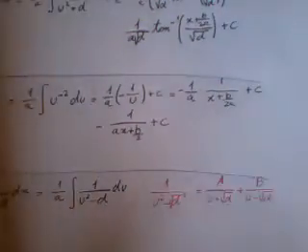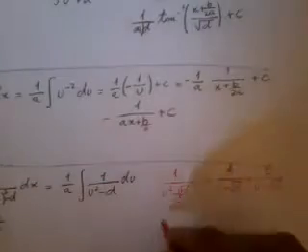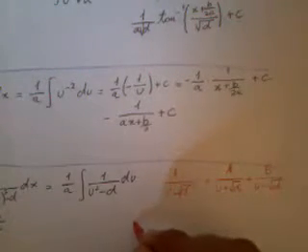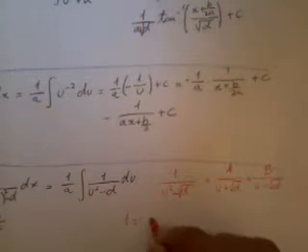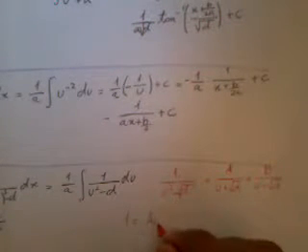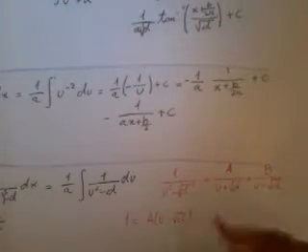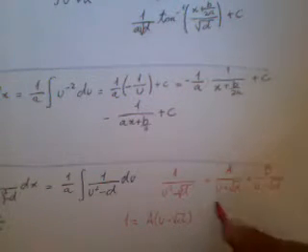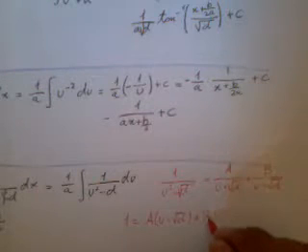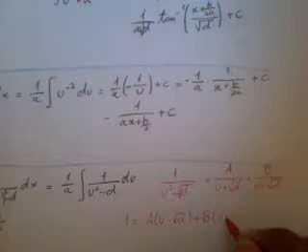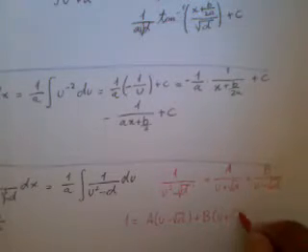So now we can just multiply by this to get 1 is equal to A times u minus root d plus B, it's just going to simplify it out, u plus root d.